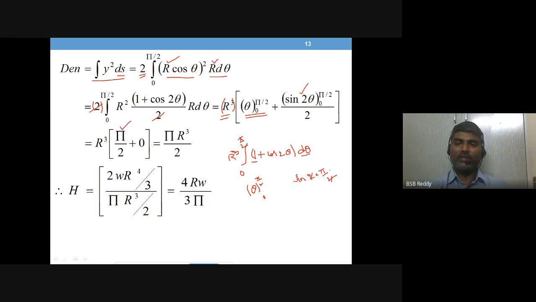Sine 180 is 0. Again sine 0 for the lower limit is also 0. So the second term is 0.